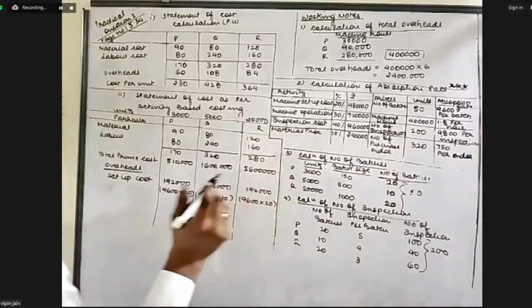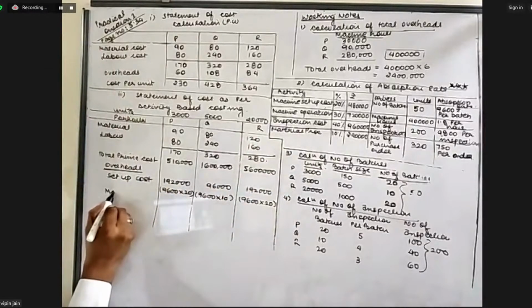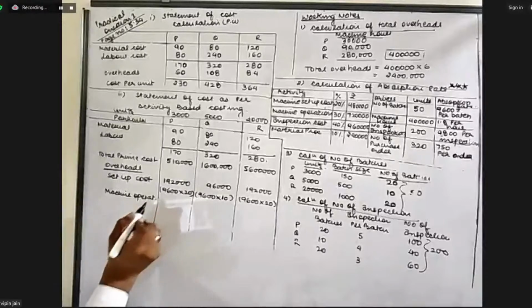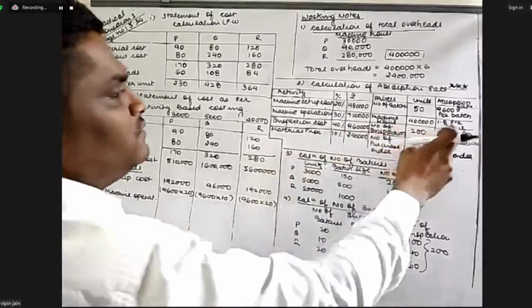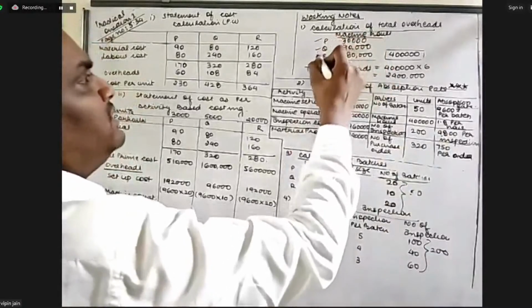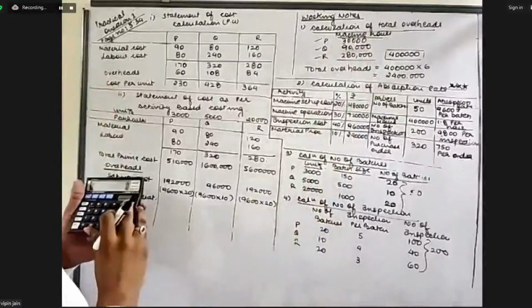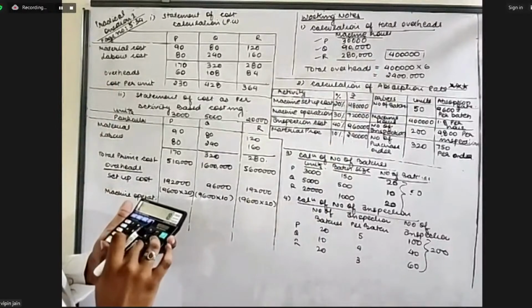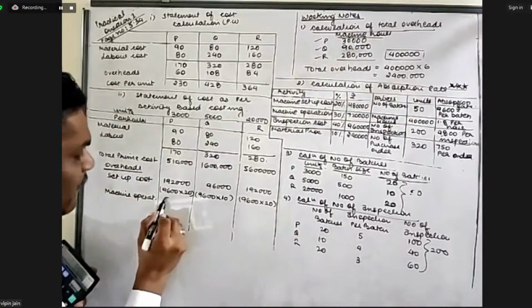Now, when talking about the machine operation, again, it is 1.8 per machine hour. Herein we have calculated the machine hours also, that is 30,000, 90,000 and 2,80,000. So 30,000 into 1.8. So this will be 54,000.